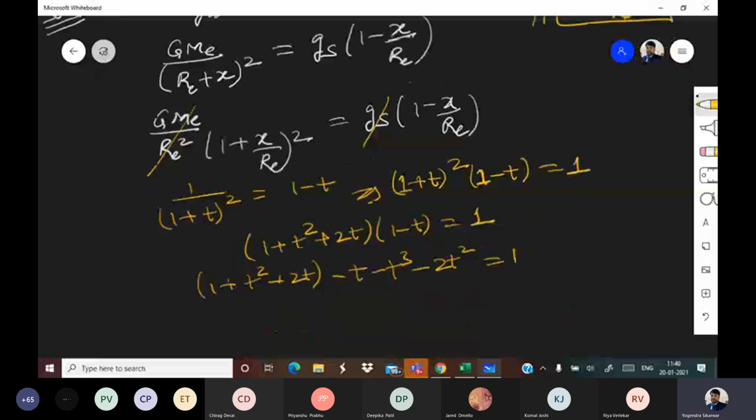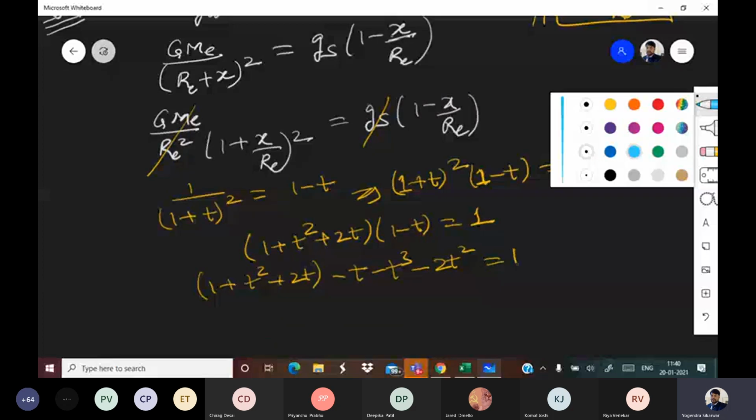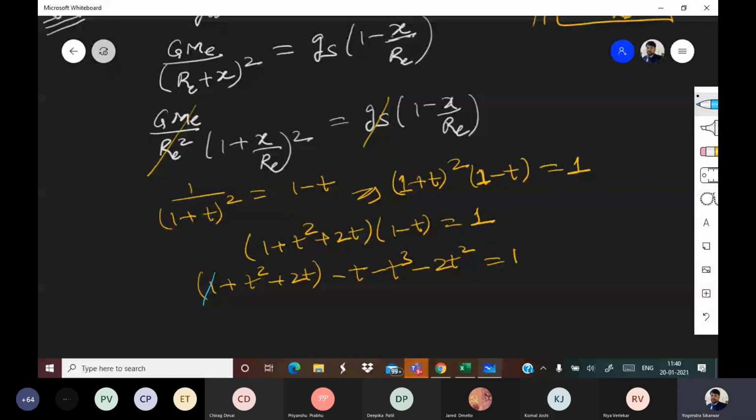So this one and this one got cancelled. And this T square minus 2T square, so this will be minus of T square. This 2T minus T, so plus T minus T cube is equal to 0.